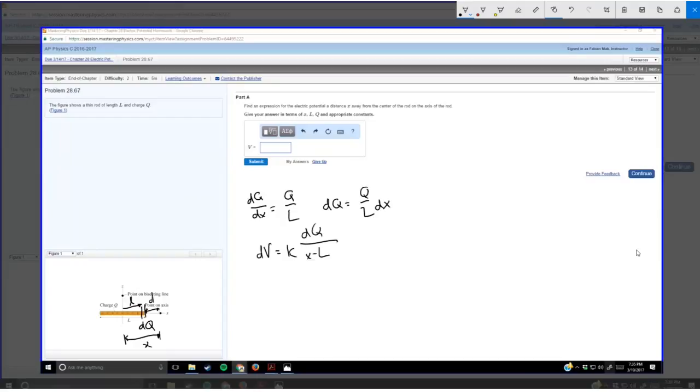Does that kind of make sense? Because I need to add up all of these little slices, and each of those little slices is some distance away from x. So the distance each of those slices is away from x is x minus little l. So that makes sense. It's super confusing that they're using x for this distance.